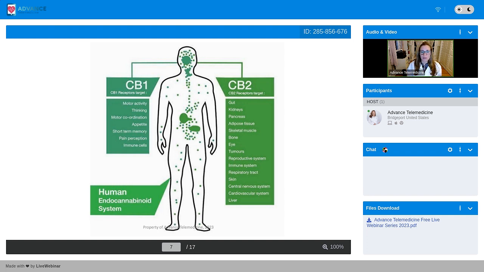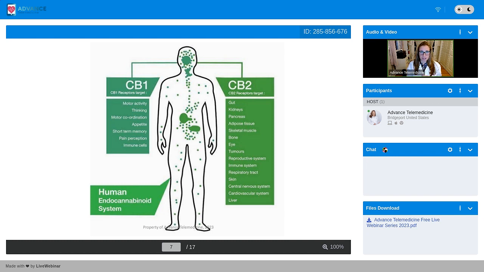One of the reasons why we see so many CBD infused products these days: you can take it in gummy form to get to that part of the gut. You can take it in cream form to reach the skin. You can inhale it, you could smoke it. There's tablets, all different ways to use it and different ways to get it to the different parts of your body that you're trying to get it to.